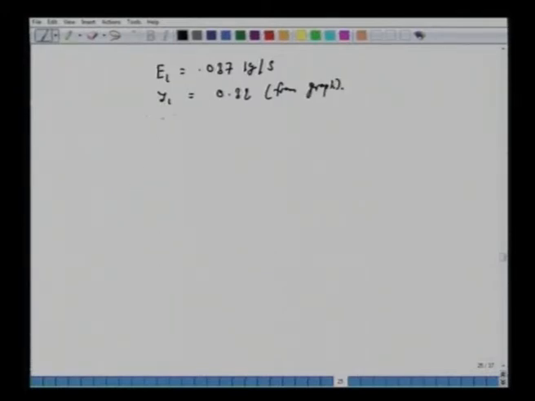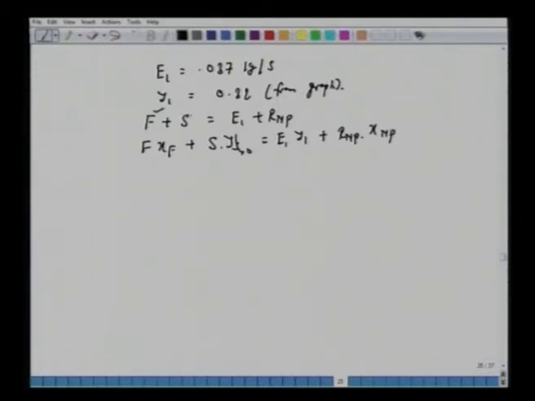All we are writing here is again F plus S equals E1 plus RNP, and F XF plus S YS, which is 0 here, equals E1 Y1 plus RNP into XNP.